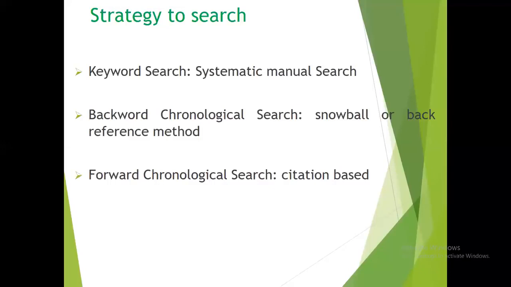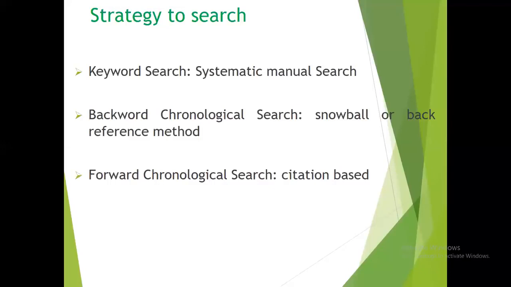If you search that article in Google Scholar, you'll find the number of papers that cited it, meaning the articles in which they have used that article as a reference. You can consider those articles where that article has been cited as a reference. That is basically called a forward chronological search.